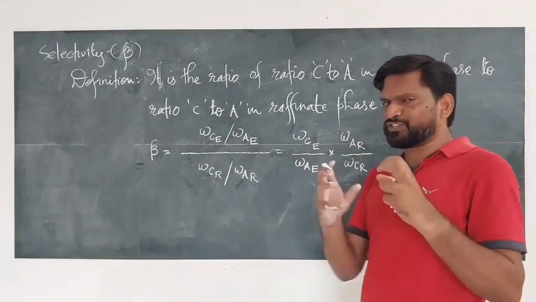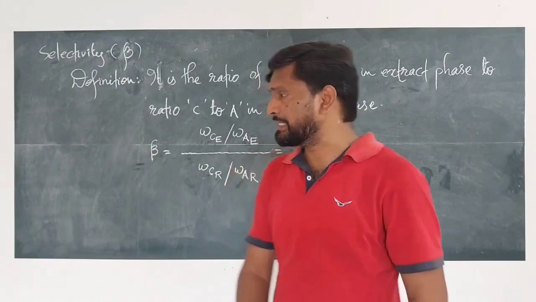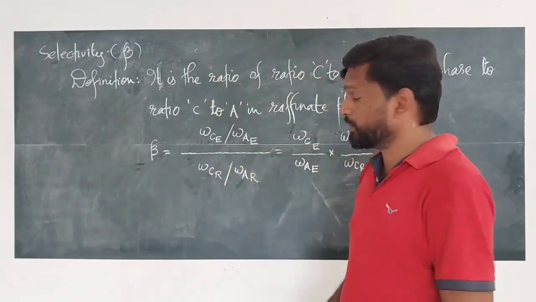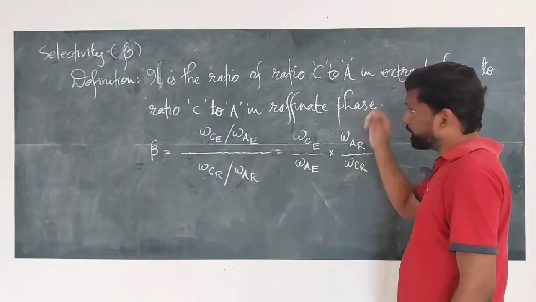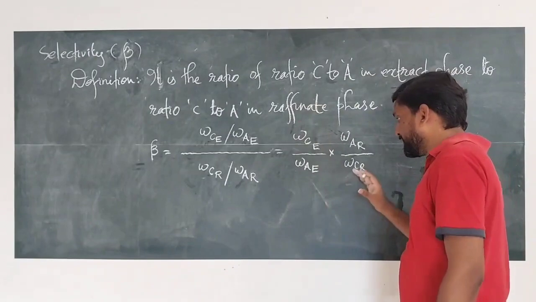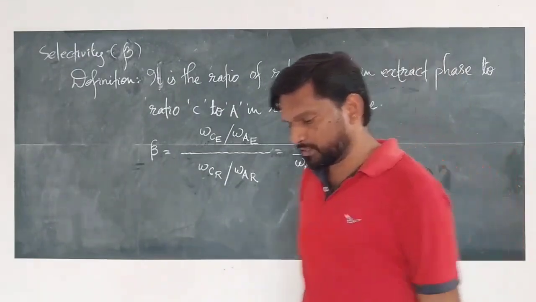Now, just think a little and tell me whether this selectivity beta can be related with the distribution coefficient. Just concentrate on the formula of M, which we have seen earlier, and concentrate on the formula of beta, that is selectivity, this formula. I will give you 5 minutes. Just think over it.